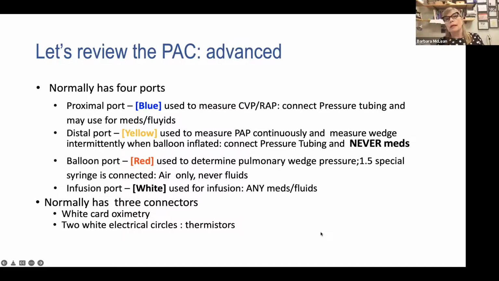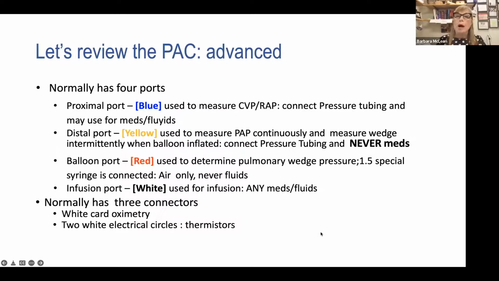The only thing I'm really going to talk about today with that is that the blood in the pulmonary artery is mixed venous blood, meaning all the venous blood from every system in the human body mixed together in the right atrium and right ventricle, ejected up into the pulmonary artery. It is a true reflection of utilization and appropriateness of oxygen that's been delivered and consumed at the tissue level. But for today, we're not really going to talk about SVO2.